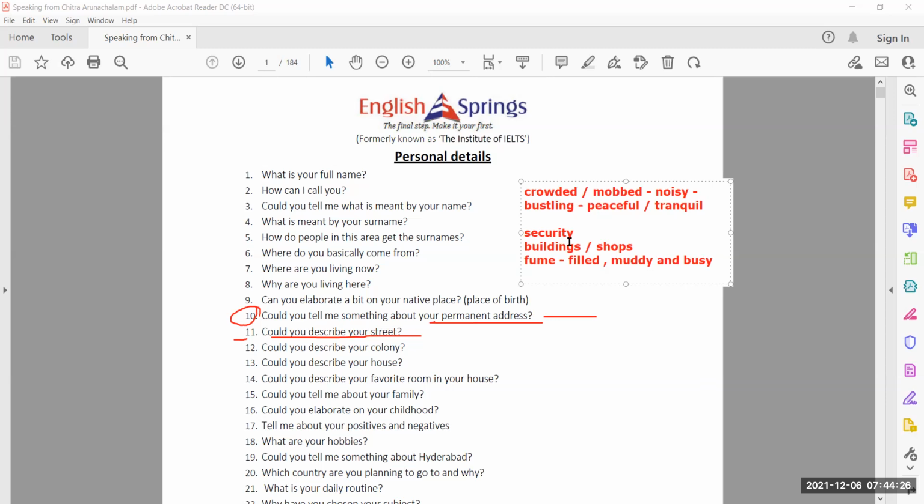Please have a notepad and jot them down. And if your street is very well paved, if you have very good pavements, then you can say wonderfully paved or decently paved.